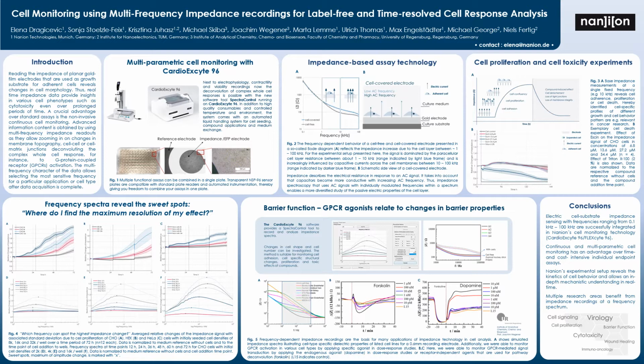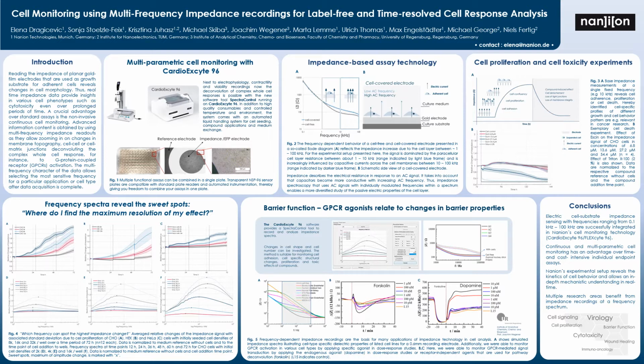Frequency-dependent impedance recordings are the basis for many applications of impedance technology in cell analysis. Panel A shows simulated impedance spectra illustrating cell type specific dielectric properties of listed cell lines for a 0.6 mm recording electrode.